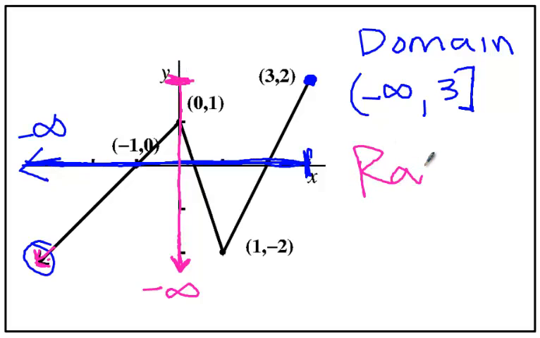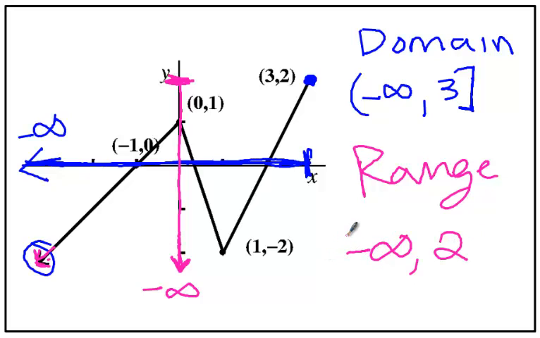So the range is very similar. We're going to put our minimum value, negative infinity, and then our maximum value, 2. And then we're going to identify, well, we know if it's infinity, it can never be equal, so we'll use parentheses. But 2, the point was still solid, so we will use the bracket.